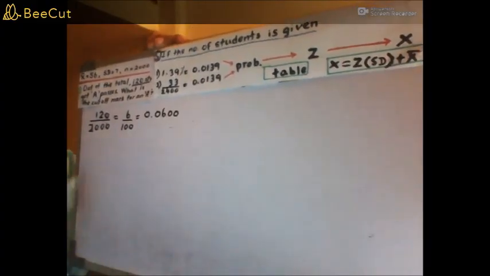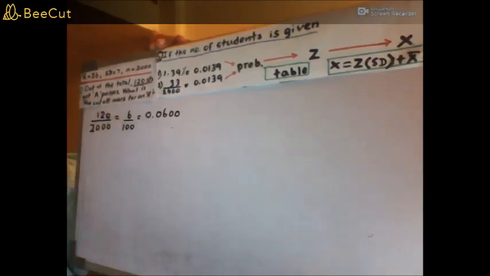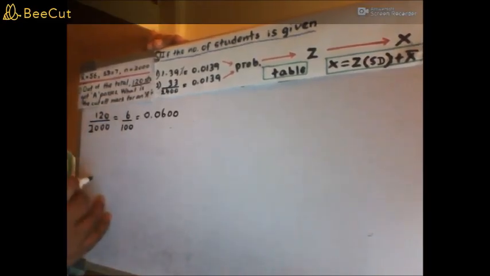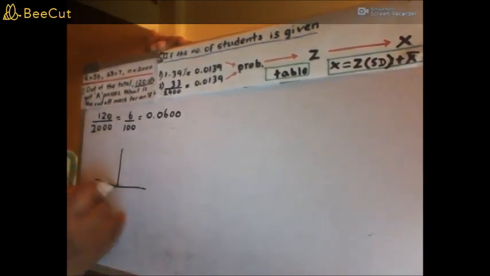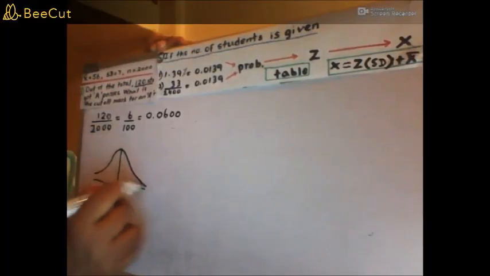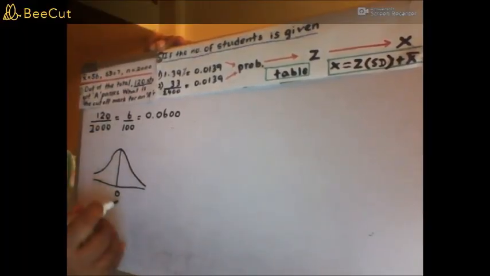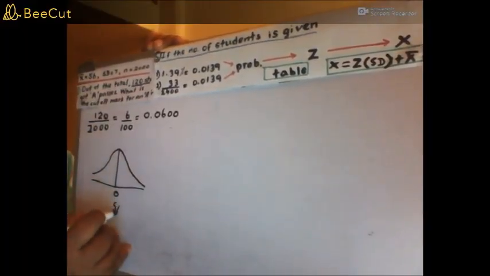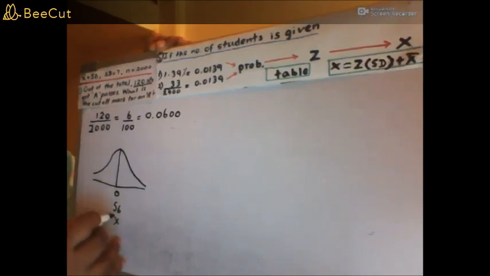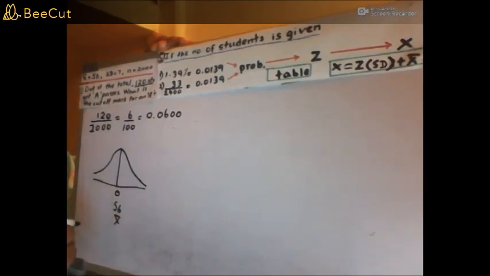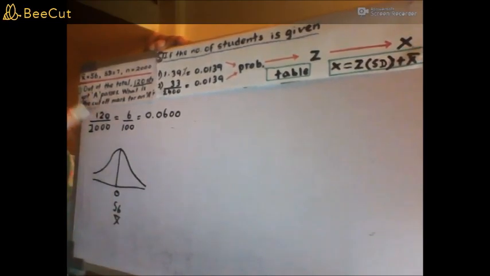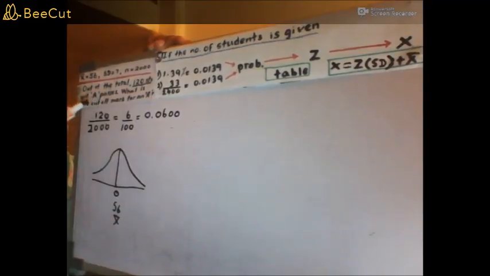So our probability is 0.0600. Now we'll draw the curve. It's easy when you draw the curve. Here it's 0. Now our X bar is 56. What's the question? Out of the total, 120 got A passes.